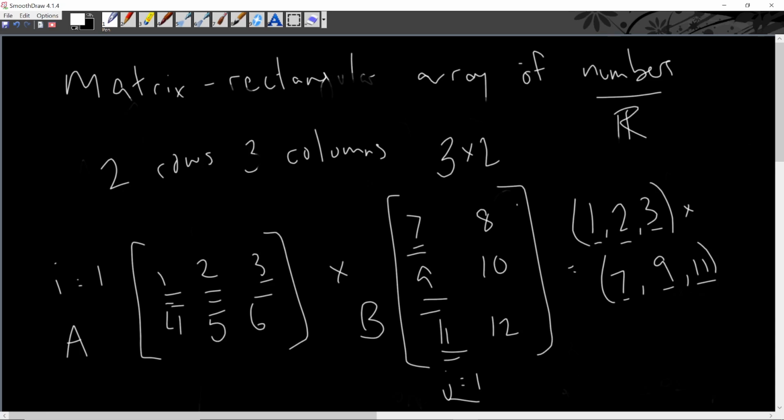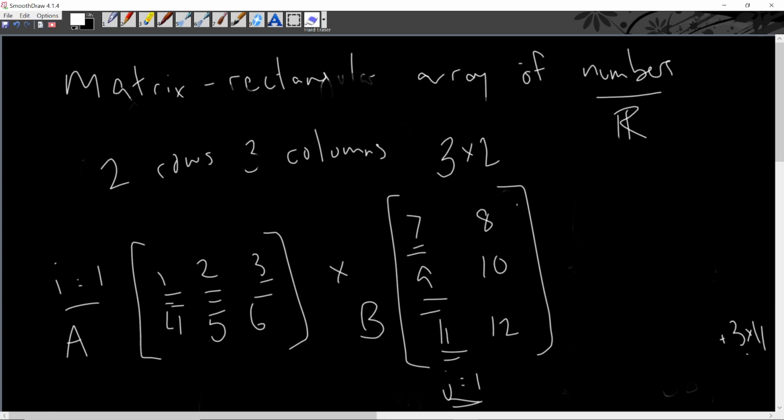So we do 1 times 7 plus 2 times 9 plus 3 times 11. That'll be 7, 18, 33, 58. And that will be Cij. If i equals 1 and j equals 1, then C11 will be 58. So let's draw what we have. C11 is going to be 58.